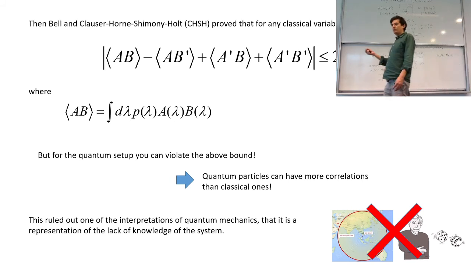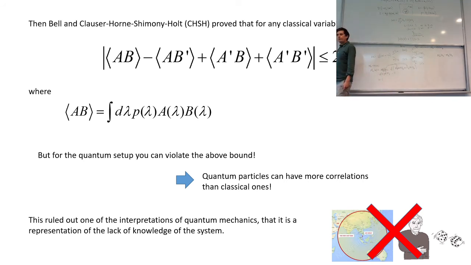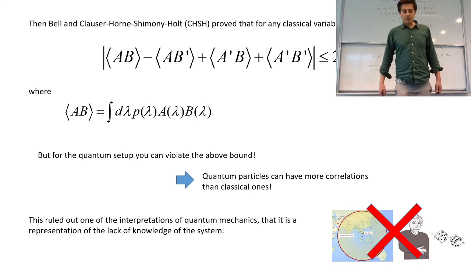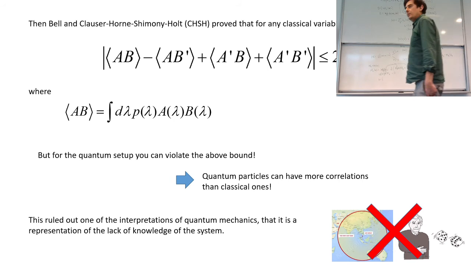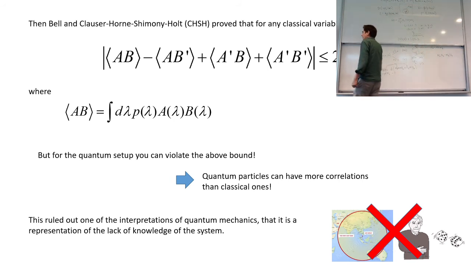You just cannot describe quantum mechanics with some kind of probabilistic theory. So it rules out this interpretation of quantum mechanics, the one that Einstein kind of favored, but actually disproved Einstein on this point.